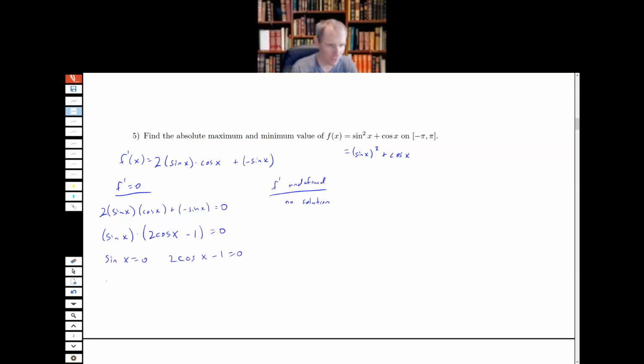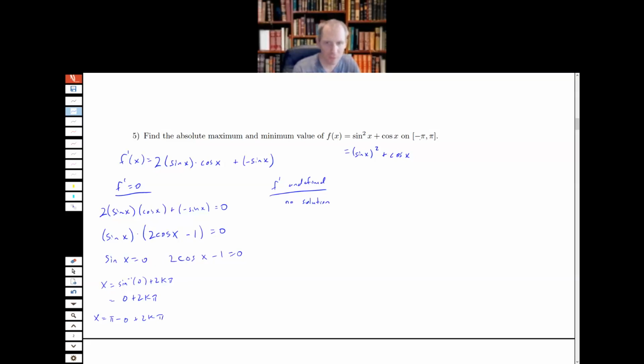For sine x equals 0, I get x equals sine inverse of 0 plus 2k pi, which is 0 plus 2k pi. Or I get x is pi minus that value, which is just pi. All right.